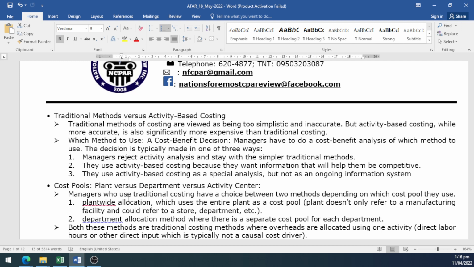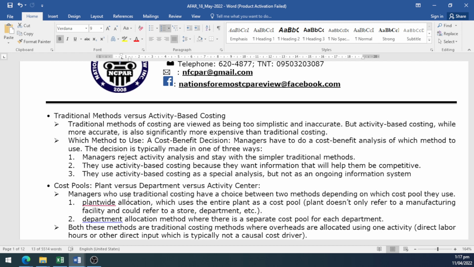Or we have the other cost measurement technique like standard costing, but there's no mention of the activity-based costing. But of course, for decision-making purposes and for internal purposes, the activity-based costing can be applied. And this is a system as to which method will be applied. That is a matter of cost-benefit analysis.